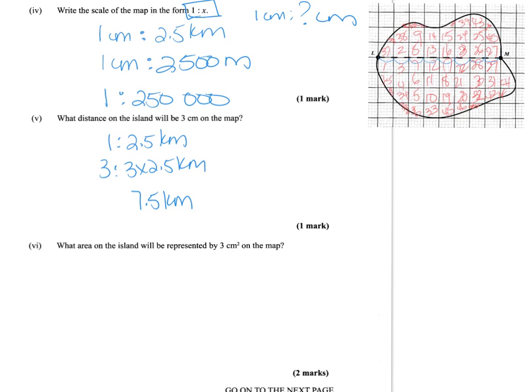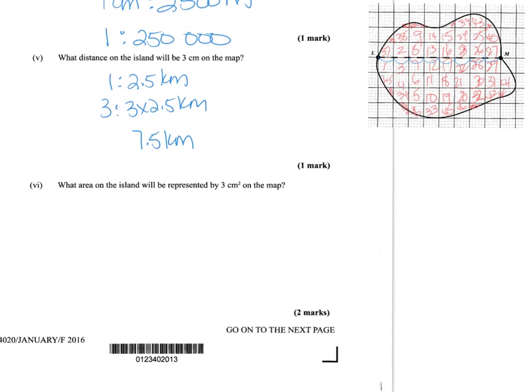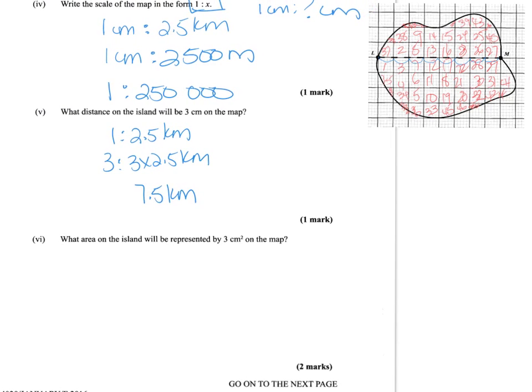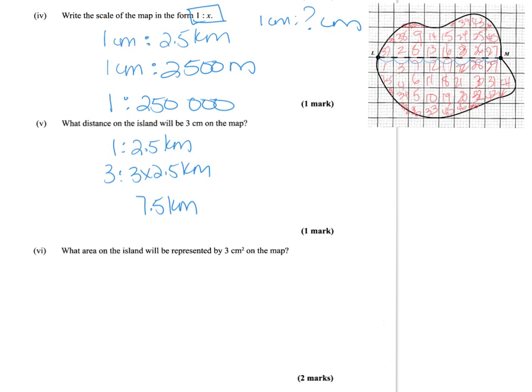What area on the island will be represented by 3 centimeters squared on the map? Let's first look at what 1 centimeter squared would be. That would be 1 centimeter by 1 centimeter.